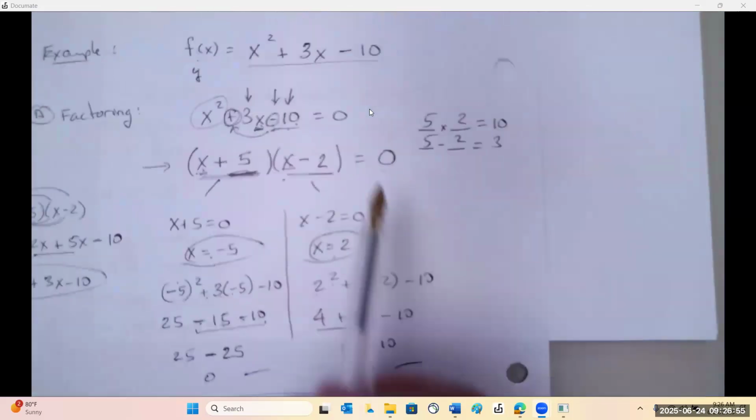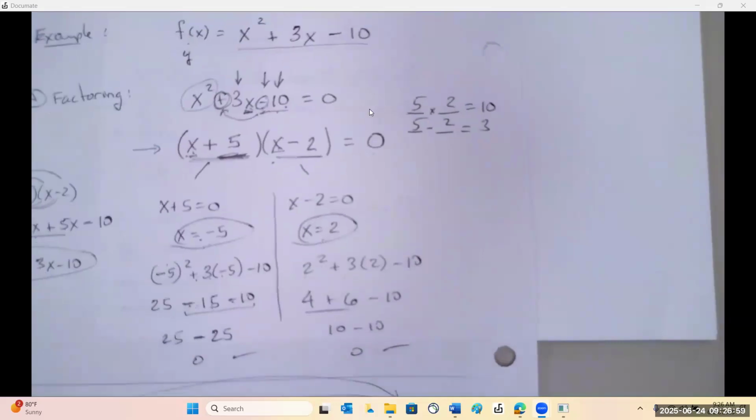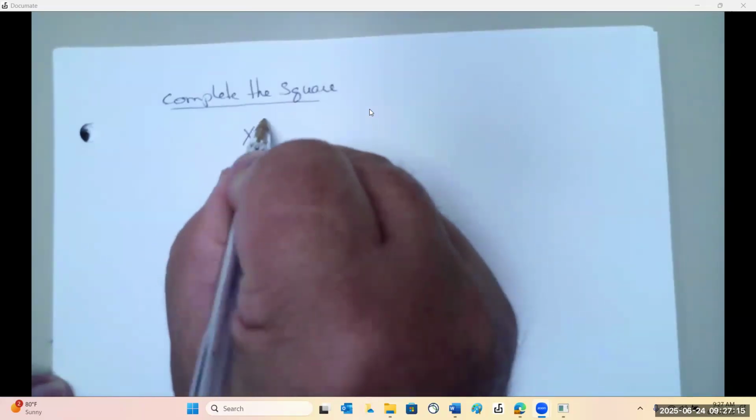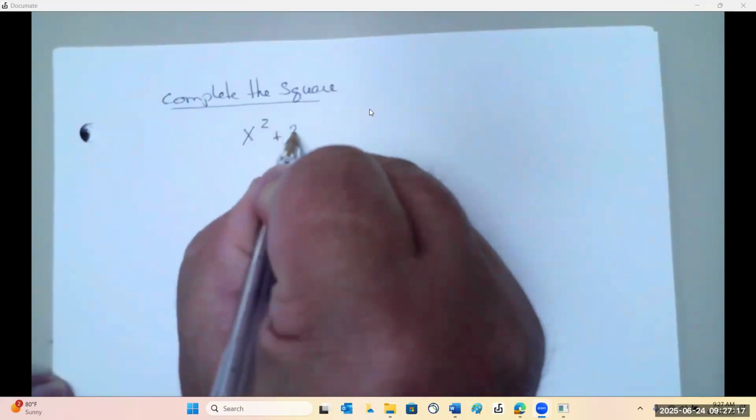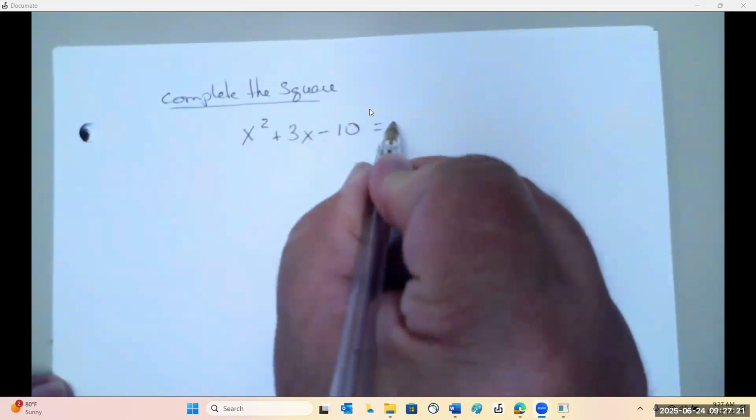Okay, let's go back to this equation. Let's look at the next method, which was complete the square. So we have x squared plus 3x minus 10 equals 0.